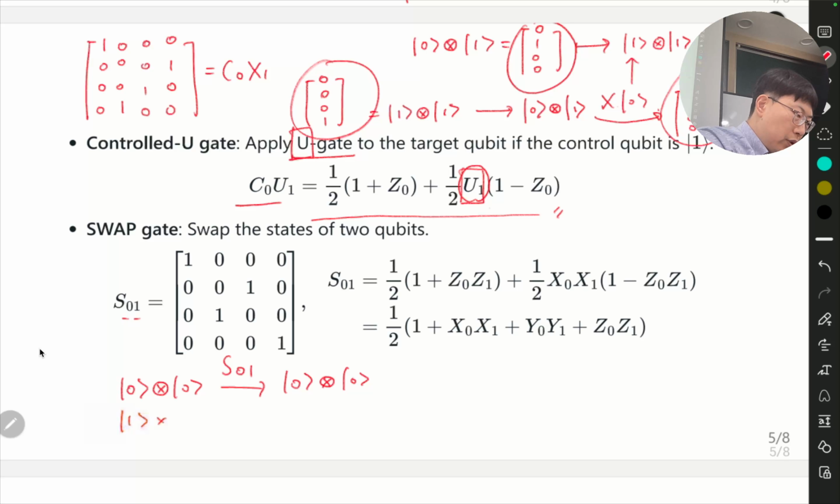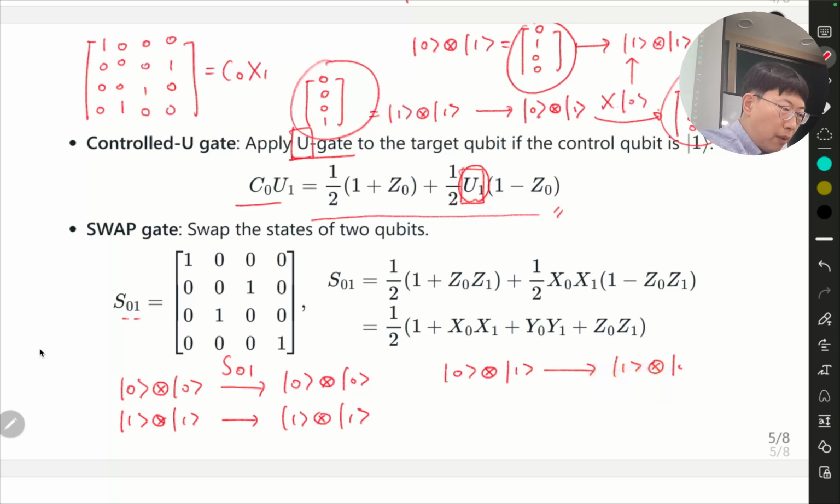So 1, 1 also is not changing anything because swapping two 1 kets gives 1 ket again. But if you have different states in the two qubits, then the states are swapped. 0, 1 becomes 1, 0, and 1, 0 becomes 0, 1.